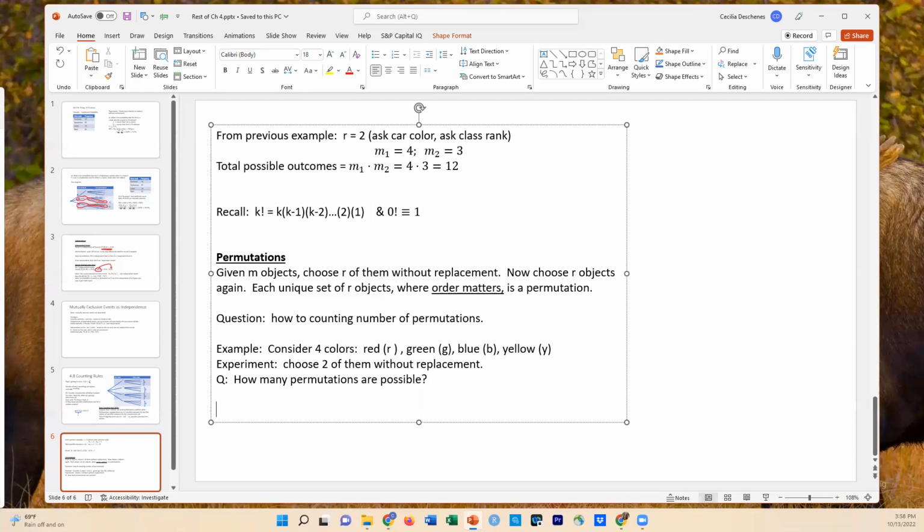Well, here we see that the number of objects, M, equals four, and the number that we're choosing, R, is going to equal 2. So let's do a tree diagram for what this looks like.